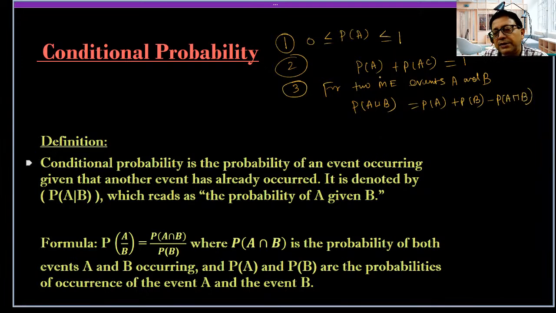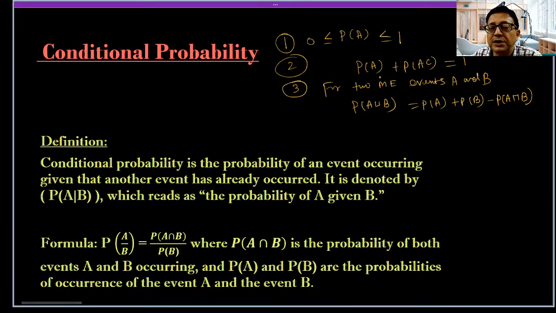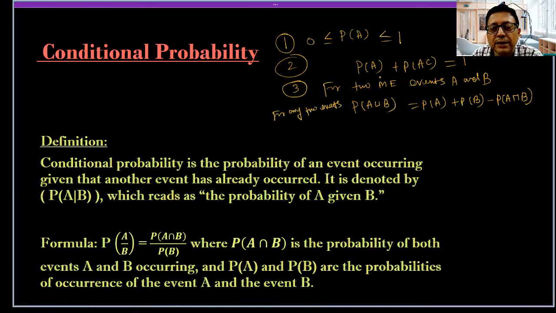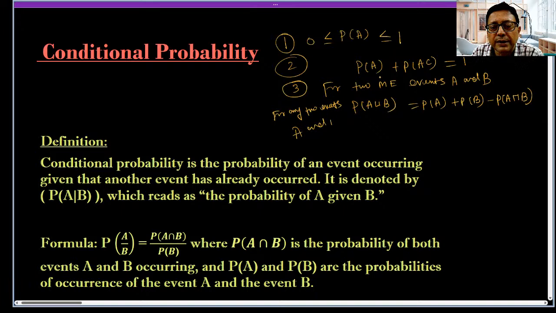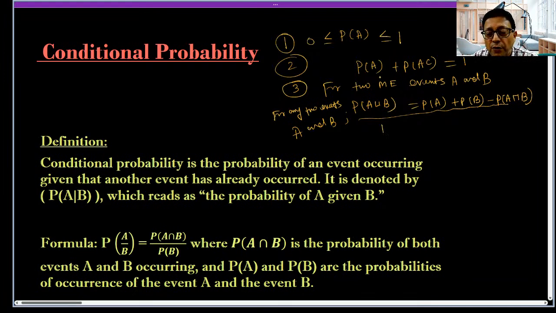In general, for any two events A and B, we have P(A union B) equals P(A) plus P(B) minus P(A intersection B).